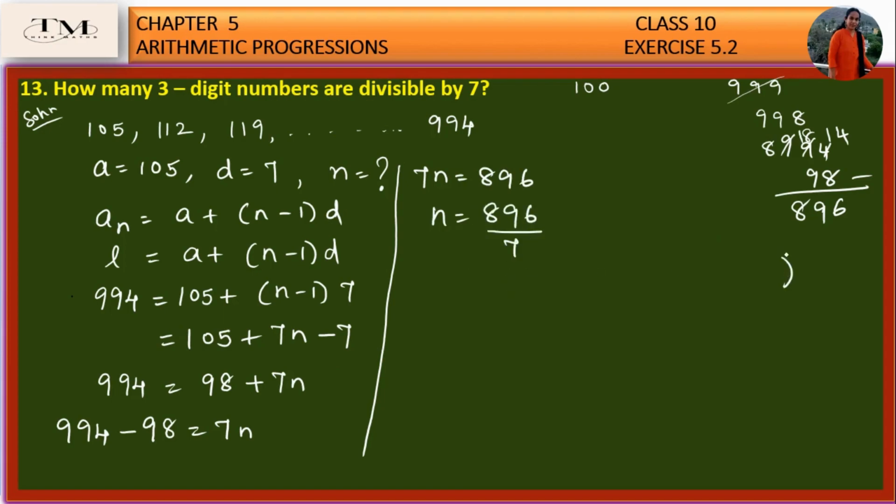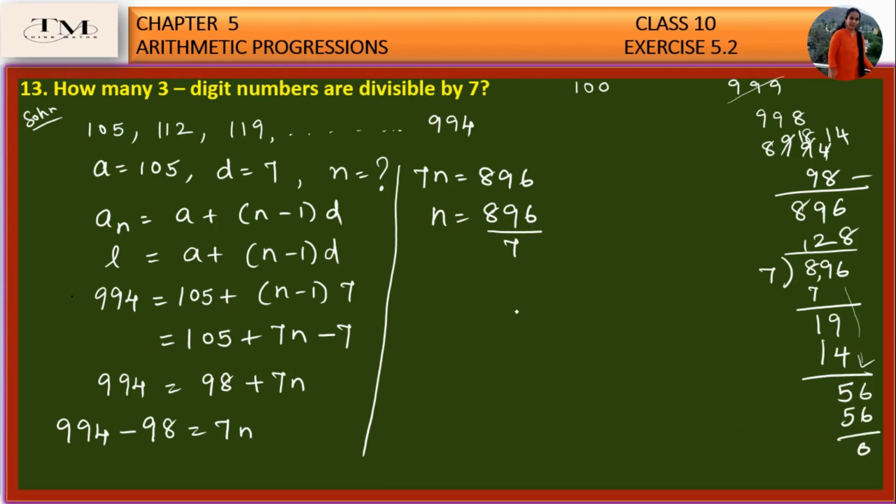If we divide 896 by 7, 1 7 is 7. 8 minus 7 is 1. Then 19. 2 7s are 14. 9 minus 4 is 5. 1 minus 1, 0. So we bring this down, it is 6. 8 7s are 56.